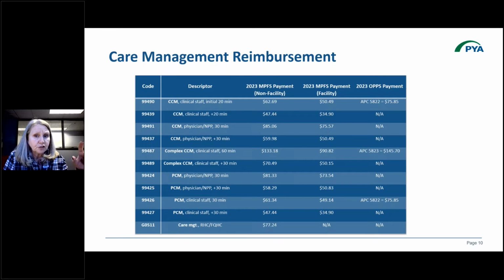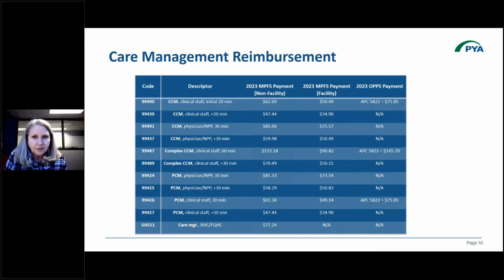CMS is proposing this year to change the manner in which that amount is calculated, but it is a higher rate, appreciating that there's no add-on code for it. So while, yes, 20 minutes of care management is going to be reimbursed the same way as 75 minutes of care management, the higher reimbursement for the lower end is intended to match the lower reimbursement at the higher end of minutes.